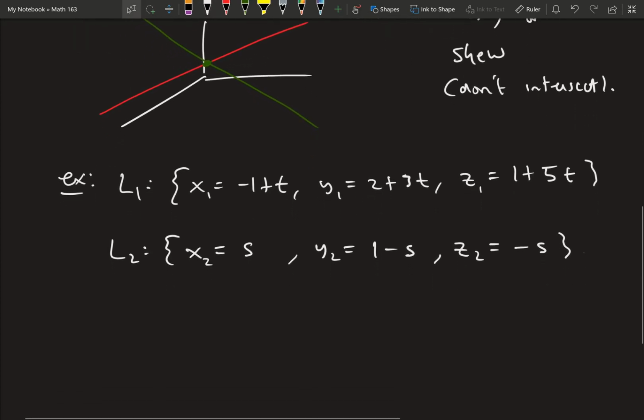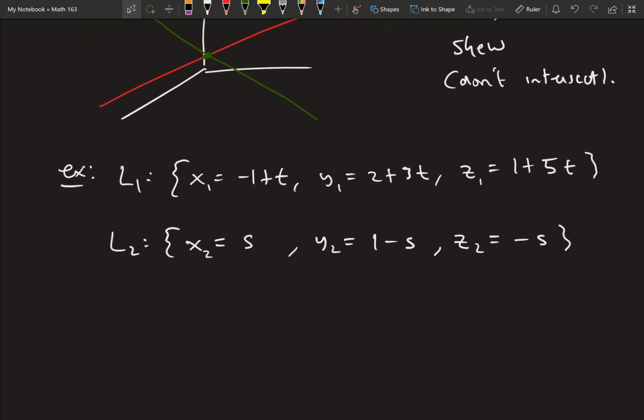Now, why do we use a different letter? Because what we're going to do is set these equations equal to each other. If they're going to intersect, we need to check when the x values are the same, when the y values are the same, and when the z values are the same.